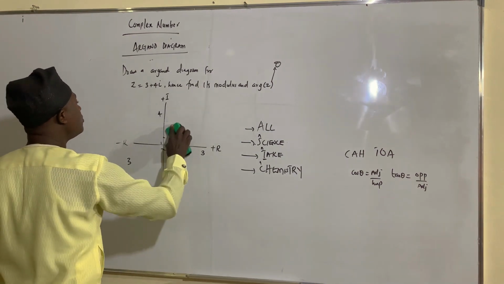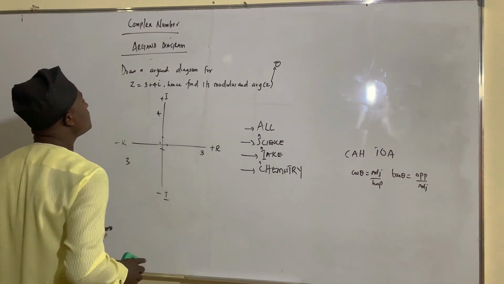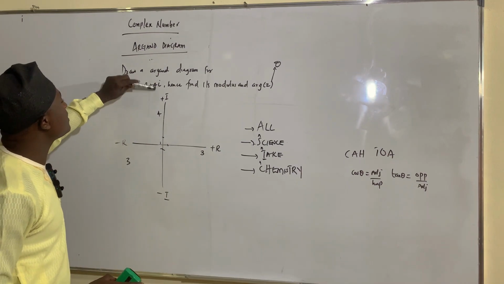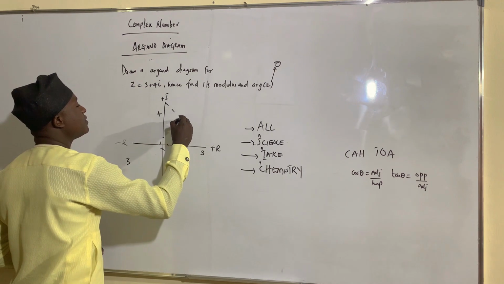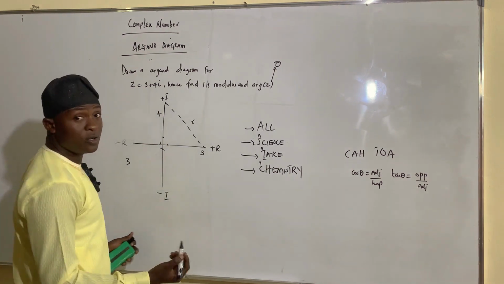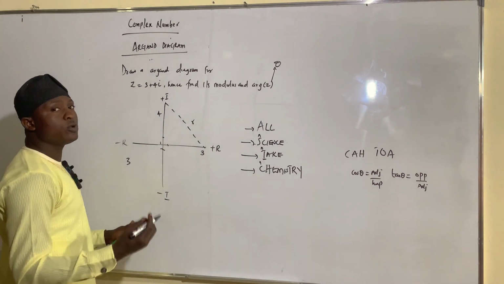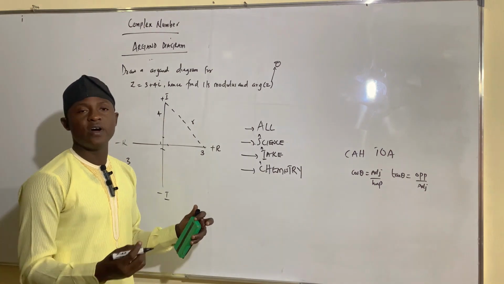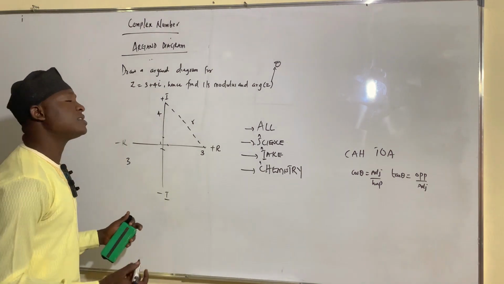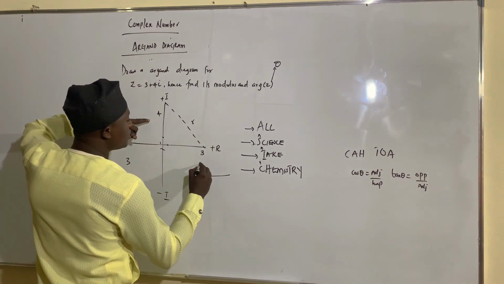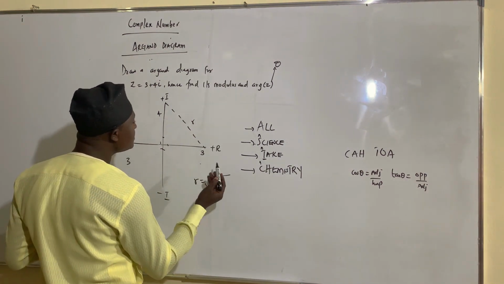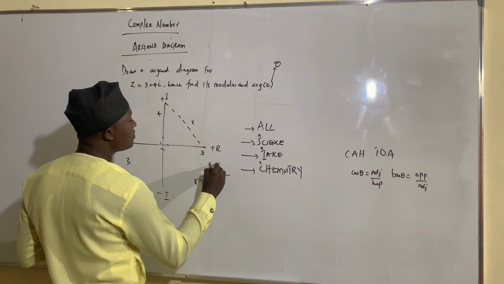Since both numbers are positive, the imaginary part is 4 and the real part is 3. So I can find my modulus here. What I told you is that the modulus is the square root of the sum of the squares of the real and imaginary parts. So r is the square root of z, which is 3 plus 4i.